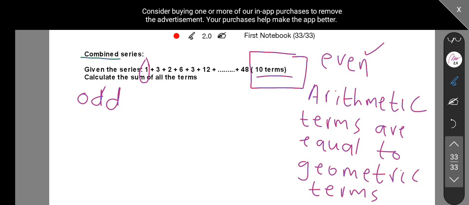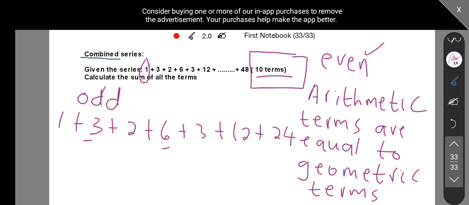Okay, let me give you an example. Suppose we have this series which is given. It's 1 plus 3 plus 2 plus 6 plus 3 plus 12. Let's just say plus what will come next is 3, 6, 12. Let's just say plus 24.